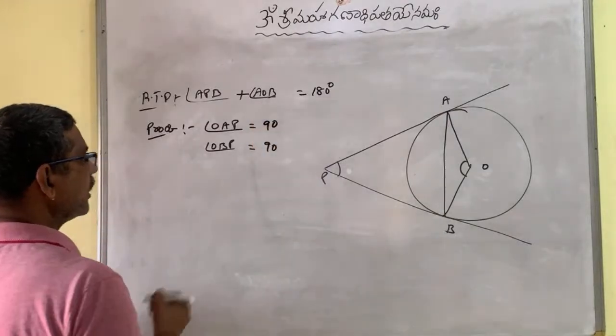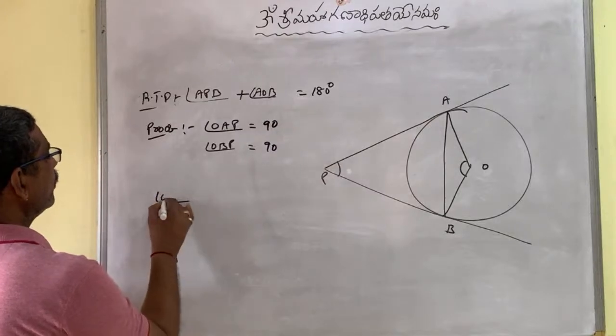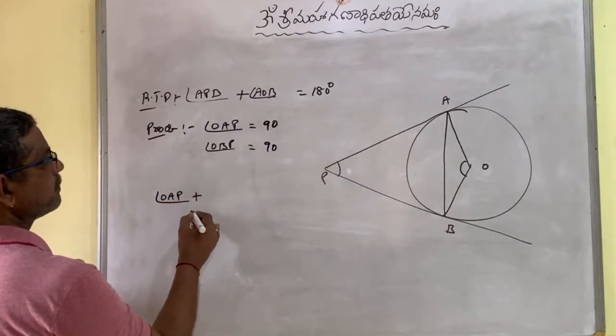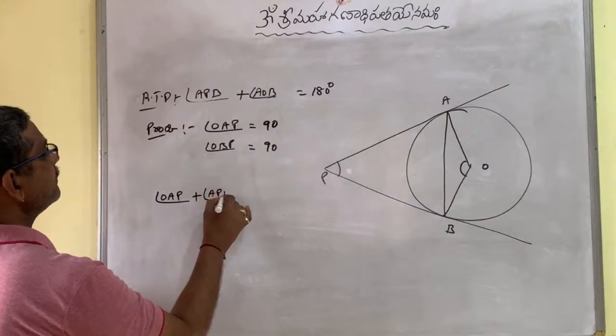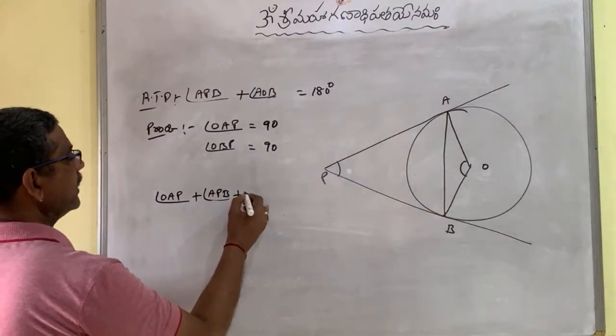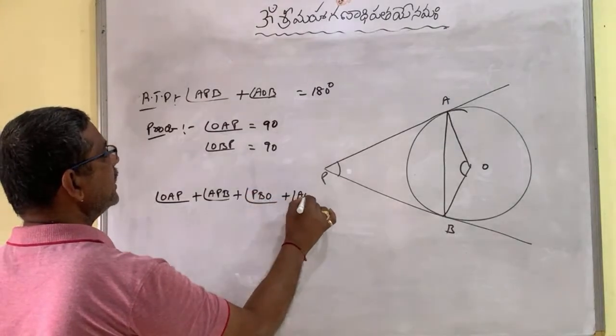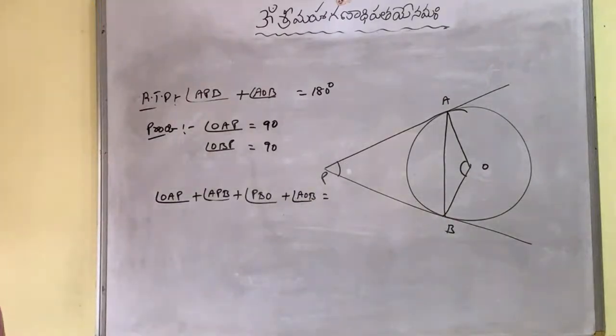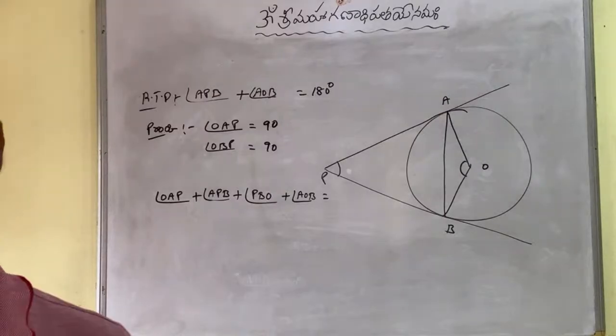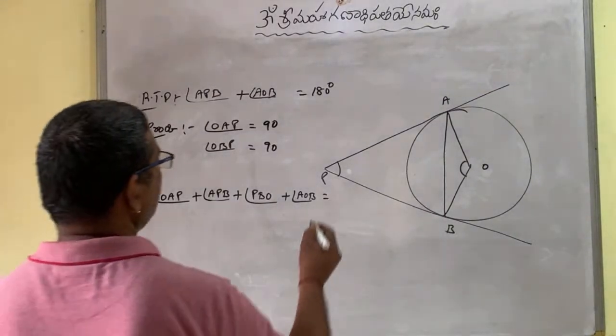Now tell me, angle OAP plus angle APB plus angle PBO plus angle AOB, how much? 360. Very good. What is the reason?